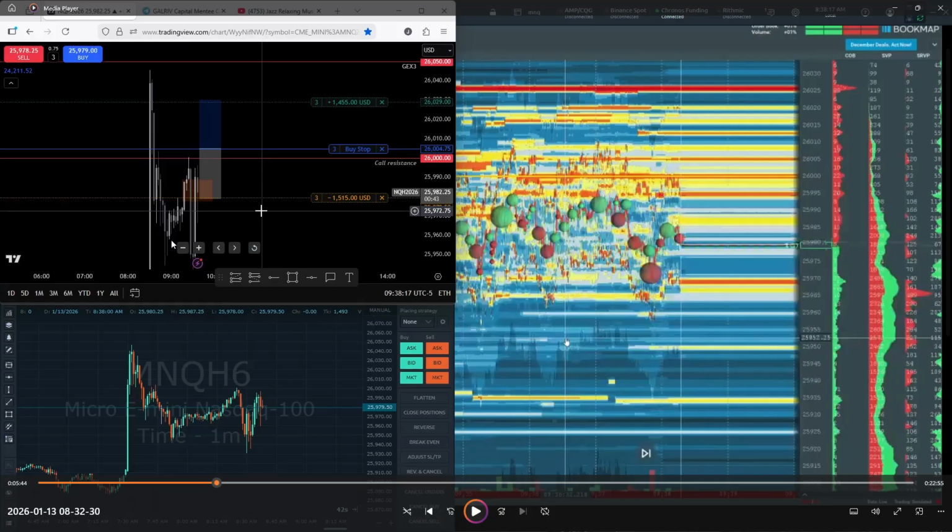And if you wonder what gamma levels are, it's just a price point on the chart where most of the volume is concentrated and where most of the big moves can start from. This is where most of the market makers hedge their positions.